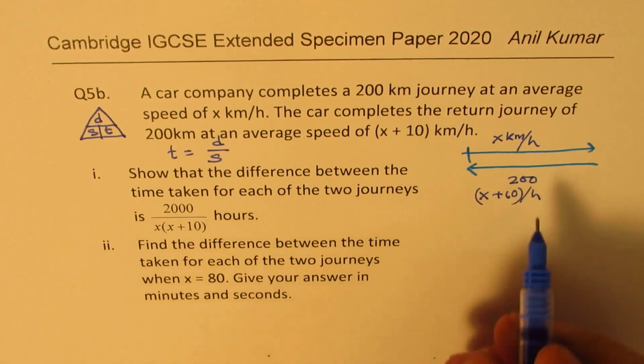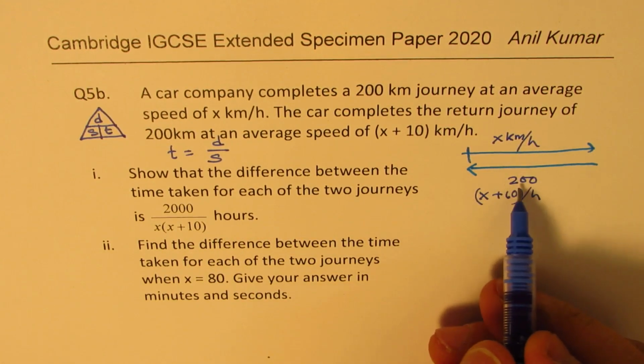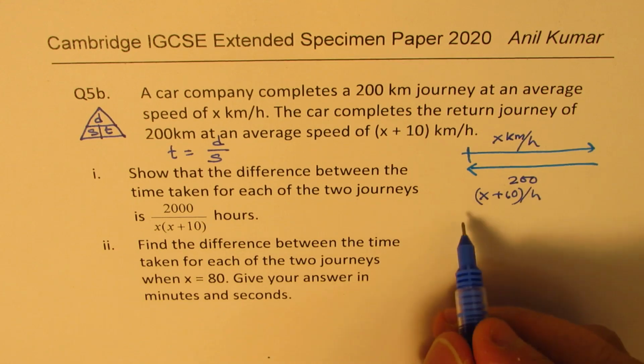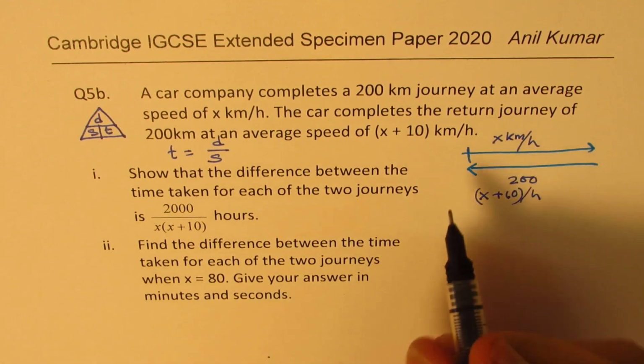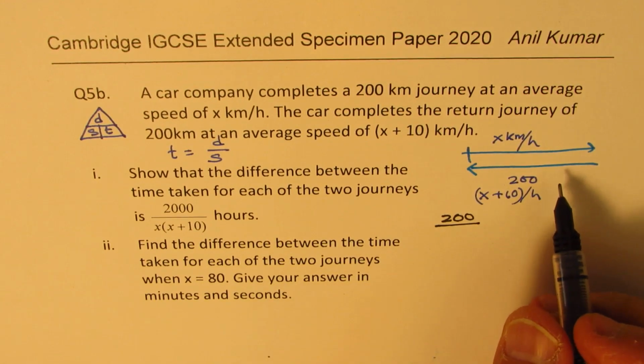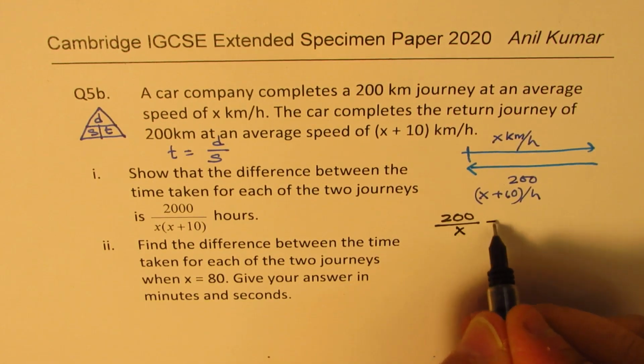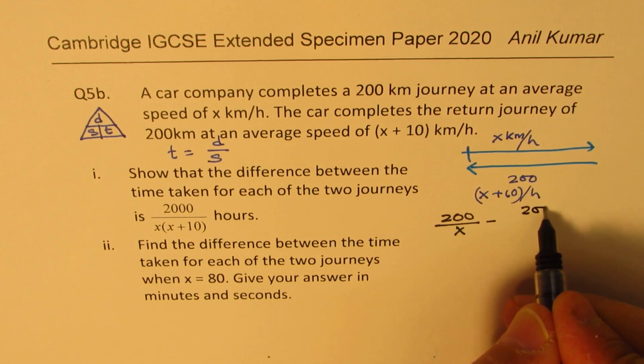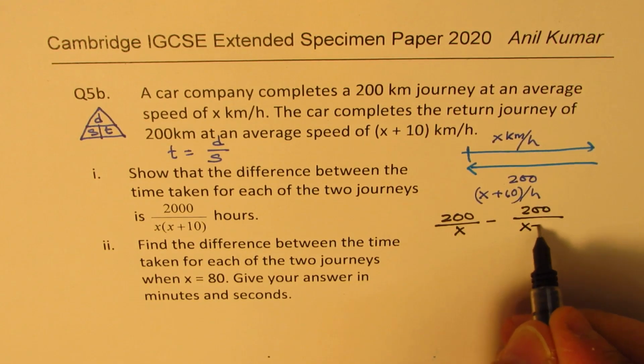So the difference is going to be, 200 is the total distance, so we can write here 200. Let me use a different ink now. So we have 200, the distance, divided by the speed, which is x, minus the lesser time, which is 200 divided by the higher speed of x plus 10.